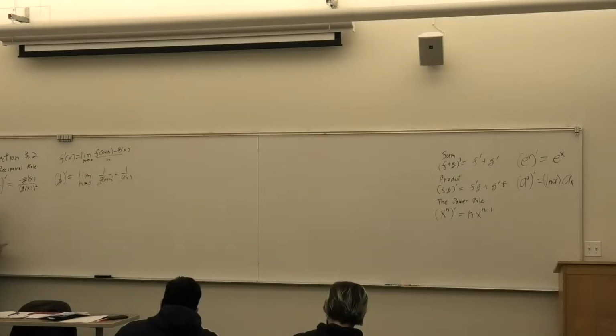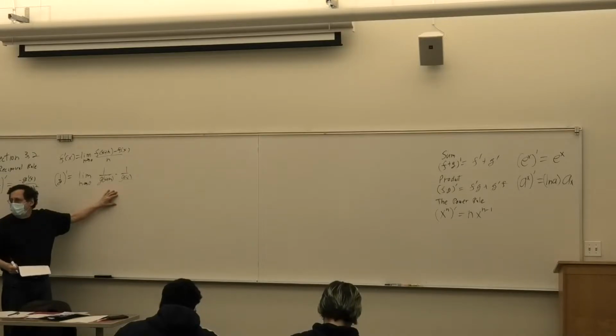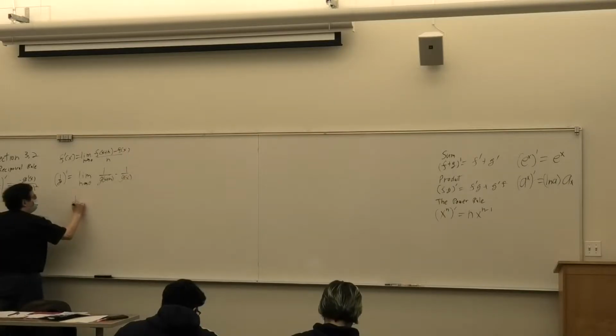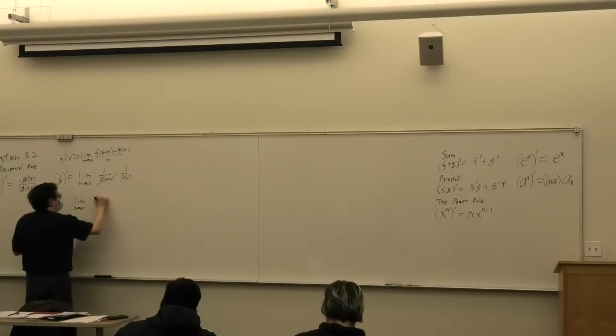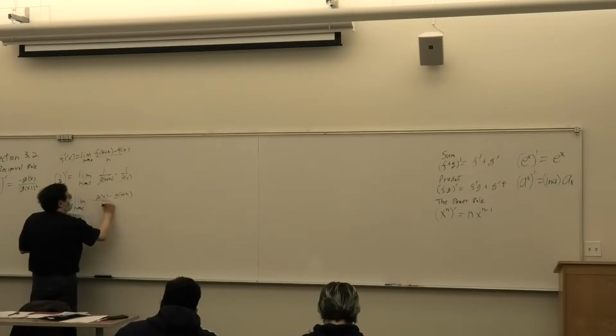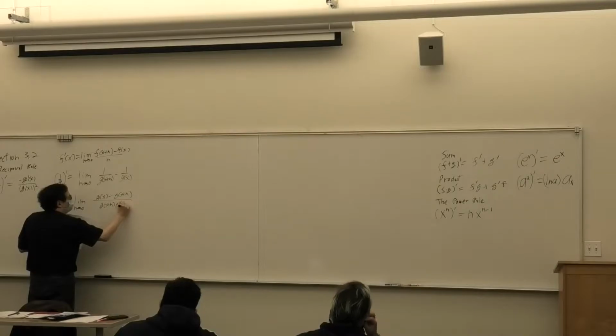Well, we have to evaluate that a little. We're going to do what you'd probably do in 5th grade with a fraction: put it over a common denominator. This is going to be g of x minus g of x plus h, all over g of x plus h times g of x.